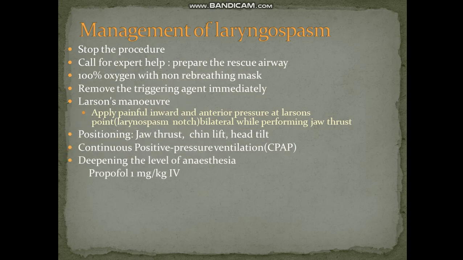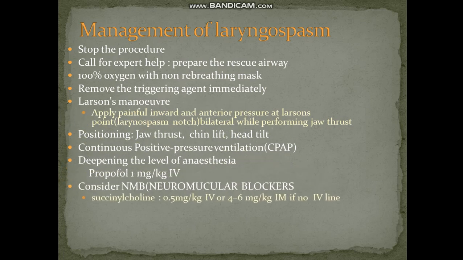And then if the patient is not relieved so far, we have to deepen the level of the anesthesia by giving propofol 1 milligram per kg IV. And if the patient is not relieved so far, we have to consider neuromuscular blockers with succinylcholine 0.5 milligram per kg IV or 4 to 6 milligram per kg IM if no IV line.